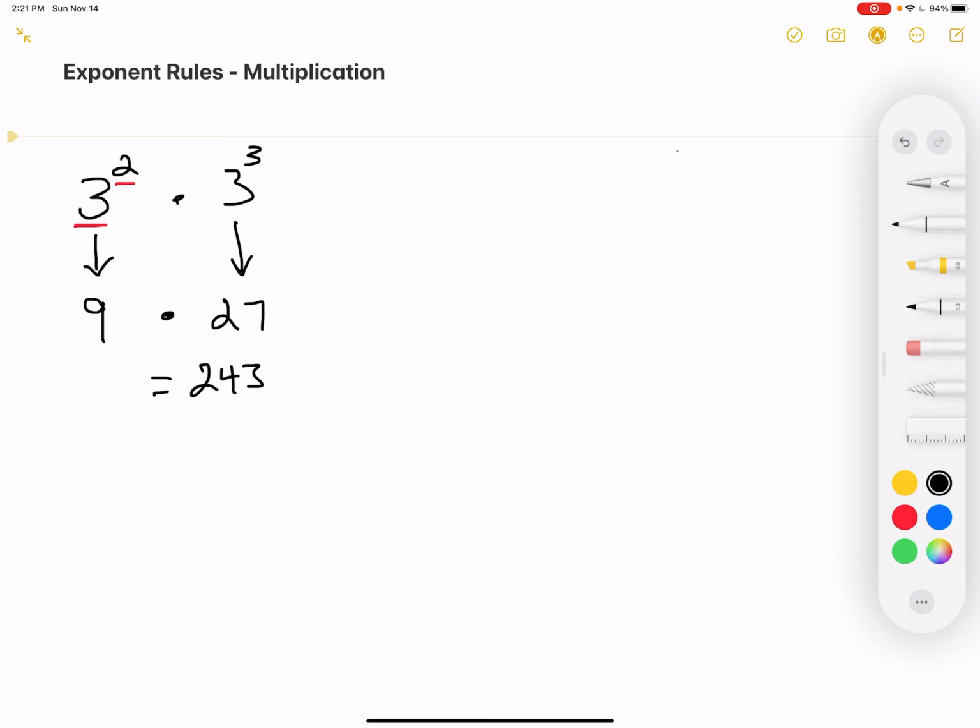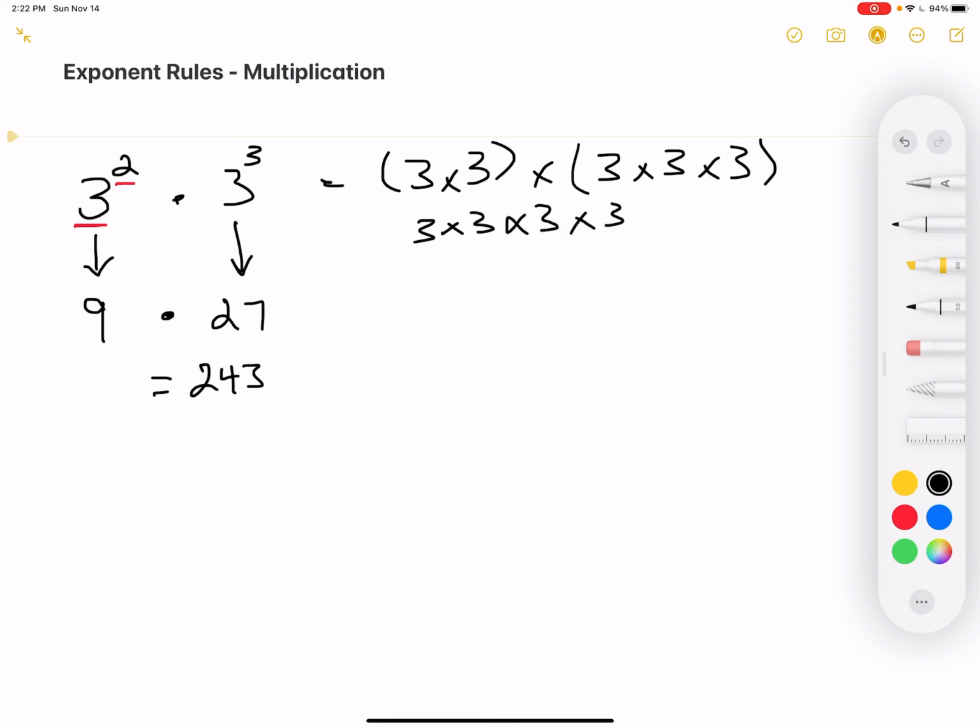Remembering that exponents are repeated multiplication, 3 squared is just like saying 3 times 3, and we are timesing that by 3 cubed, which would be 3 times 3 times 3. So if we remove the brackets, what we're really saying is 3 times 3 times 3 times 3 times 3.